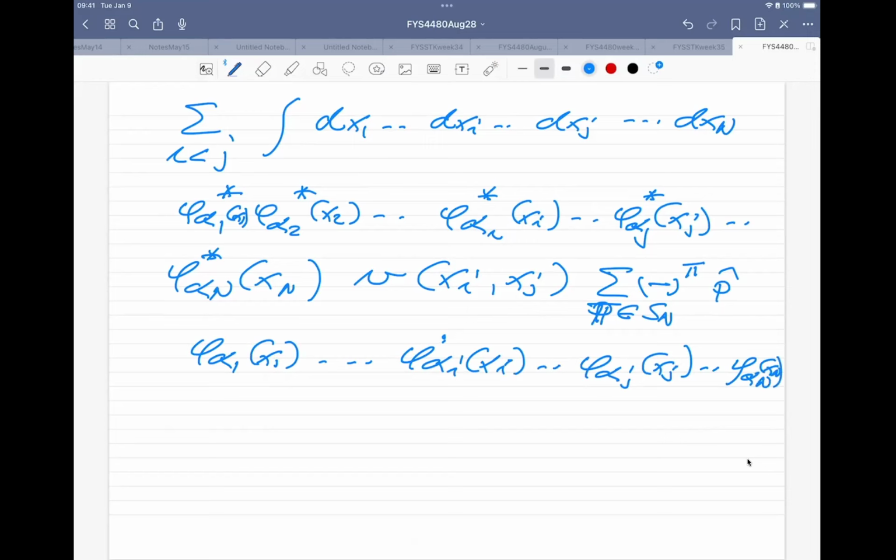And now I can pick the different terms, okay? So let's now pick the term p equals 0, no permutations.